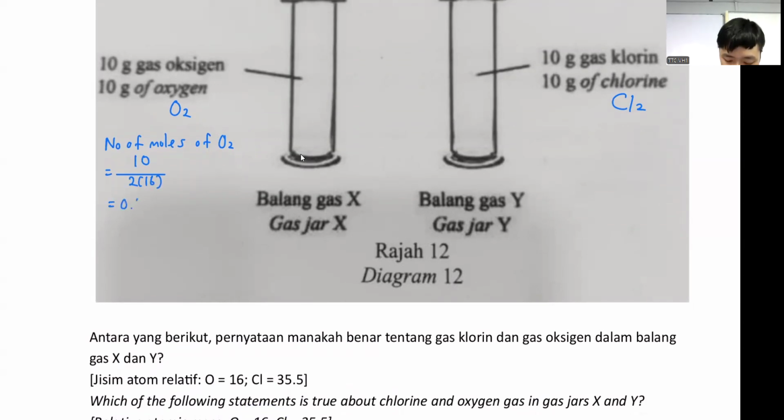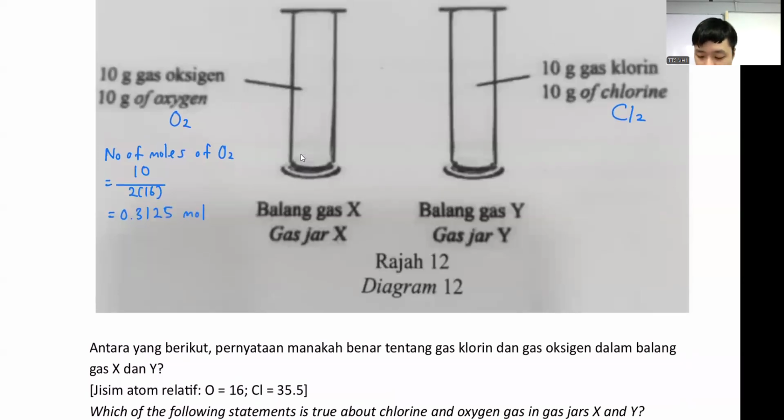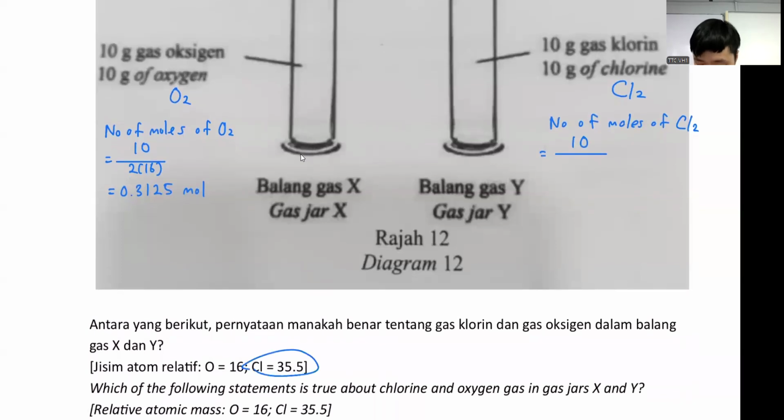You will get 0.3125 mole. If I count for chlorine, will I get the same? This one I got 2 Cl, 1 Cl is 35.5. Most probably won't get the same. Right? So 10 divided by 71.